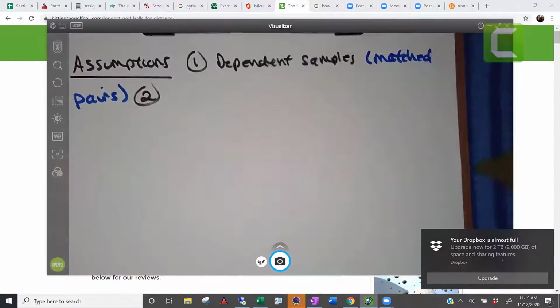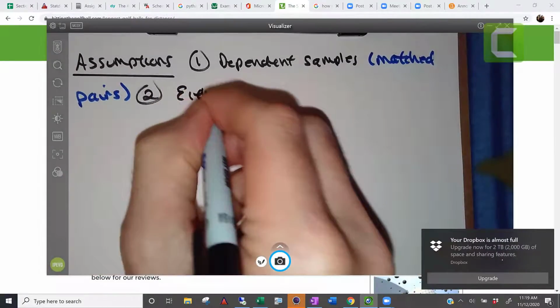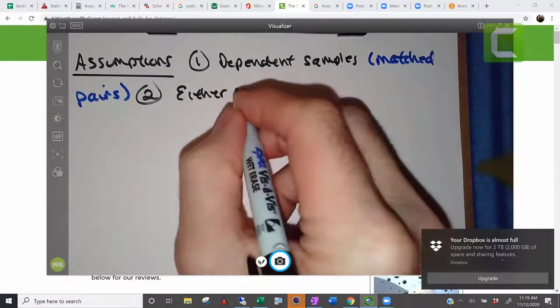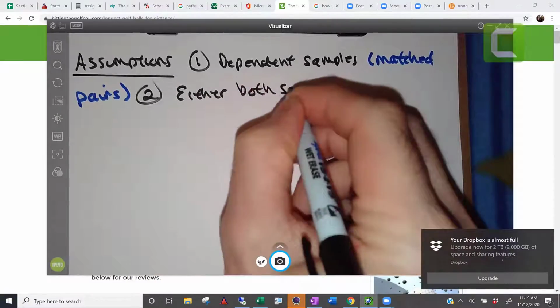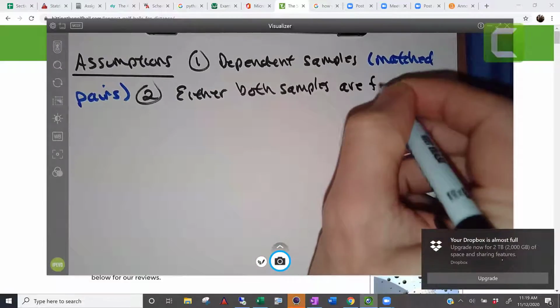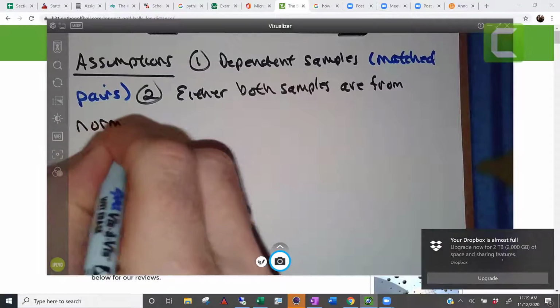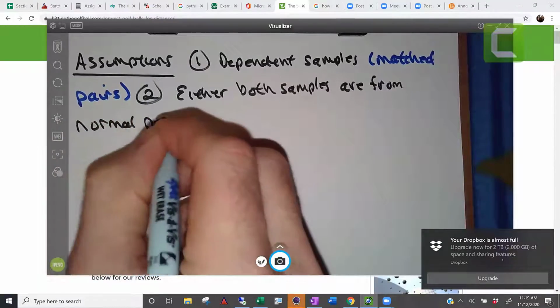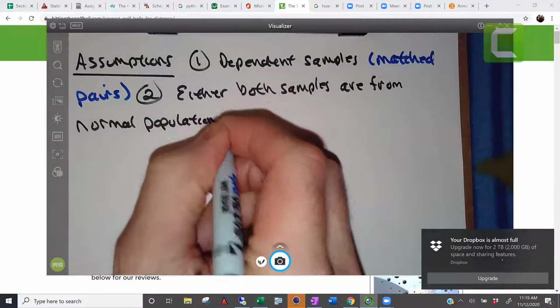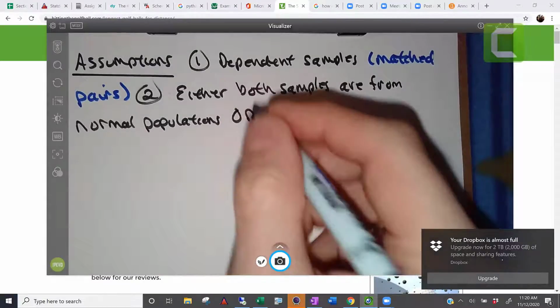Then either one of two possibilities: either both samples are from normal populations, or you have more than 30 pairs of data.